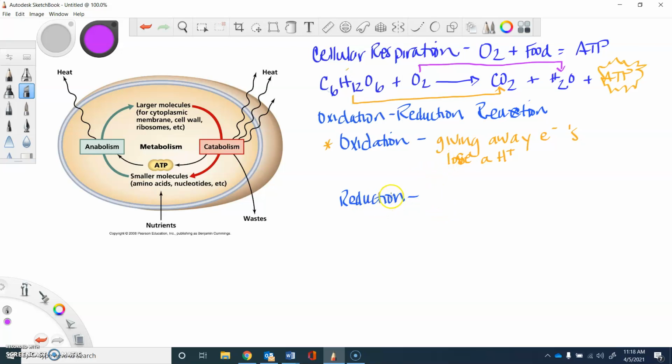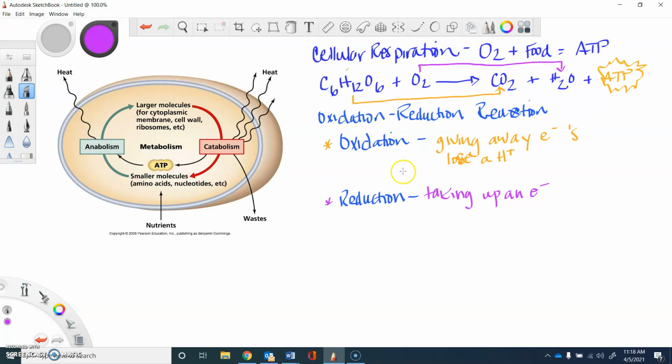So in a reduction reaction, when something is reduced, it is taking up an electron. Okay, so it is receiving an electron. The oxidized thing is giving the electron away. So this is anabolic because you're adding the electron to something, and this is catabolic. This is the oxidation where you're getting rid of it.